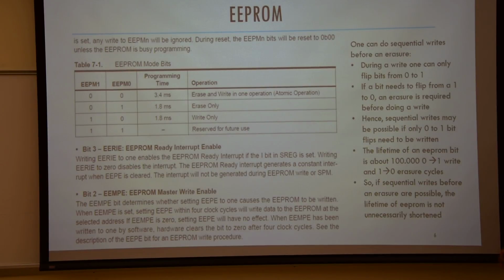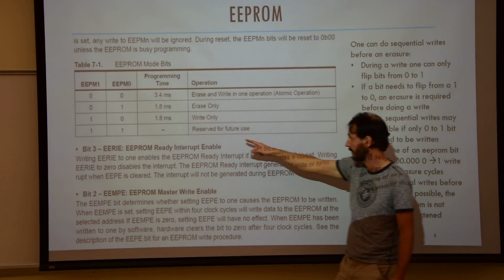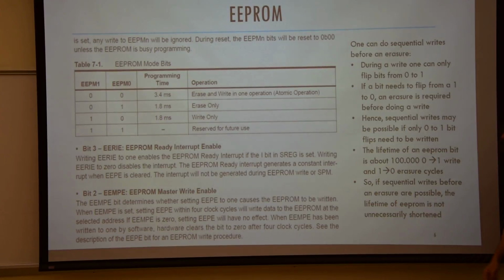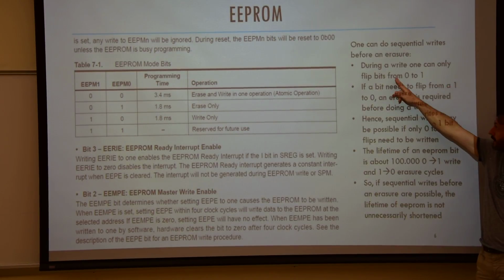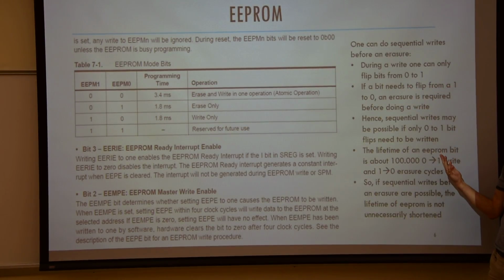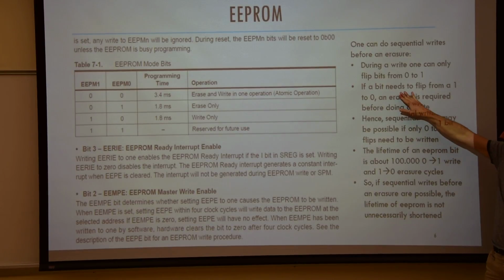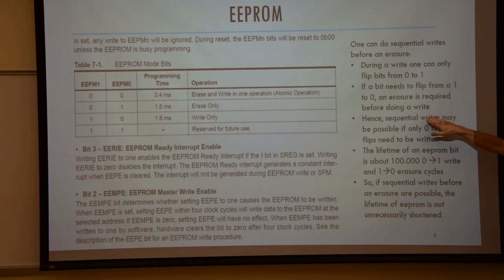Erase and write possibility. So I explained this earlier. Effectively, one can do sequential writes before an erasure, just if you're interested in this particular thing. So during a write, one can only flip bits from 0 to 1, so that's the restriction. If a bit needs to flip from a 1 to 0, then you need that erasure operation before you do a write.